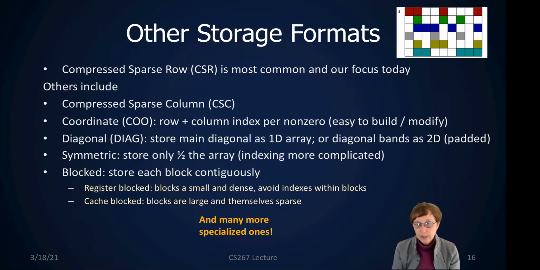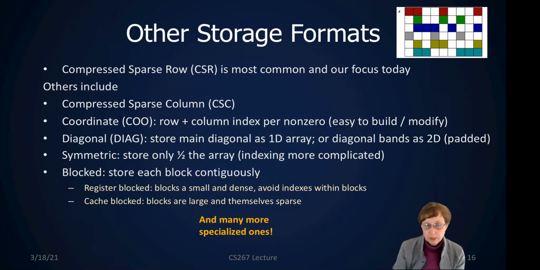These would be things like 2 by 2 or 3 by 3 or 2 by 3 matrix blocks, where we don't have to store an index for each non-zero. That's one of the big advantages: if you have a matrix that naturally has some blocking structure, you can cut down on the amount of storage because you don't need so much index overhead if you only store an index per block rather than an index for each non-zero.